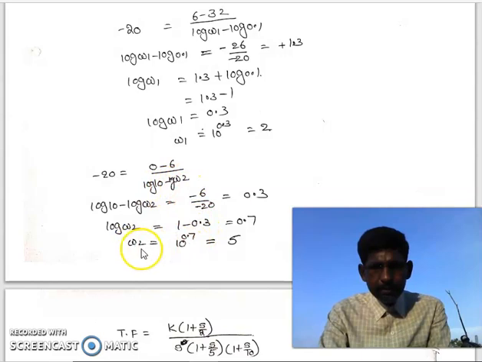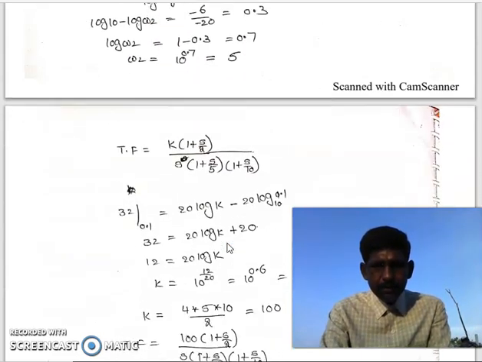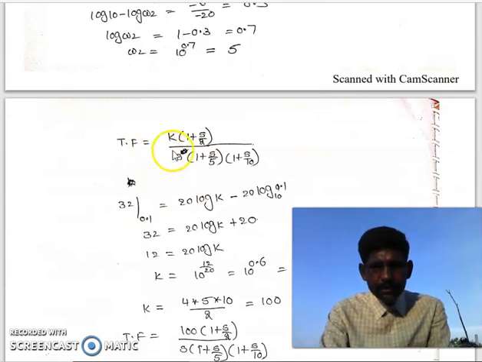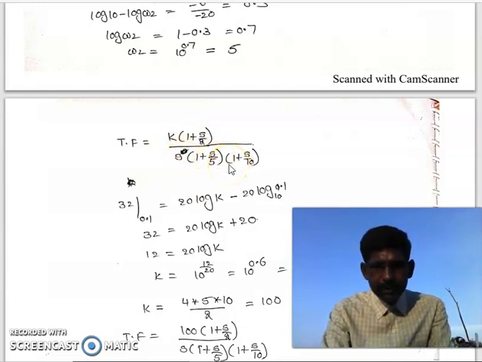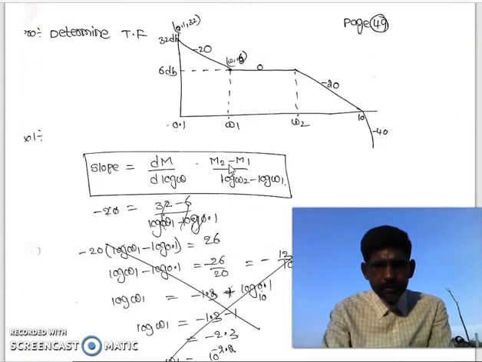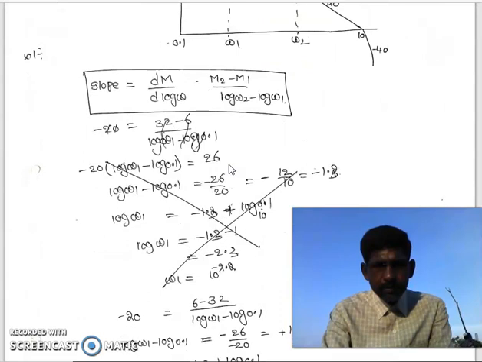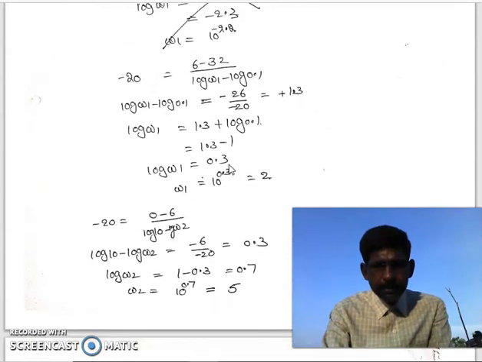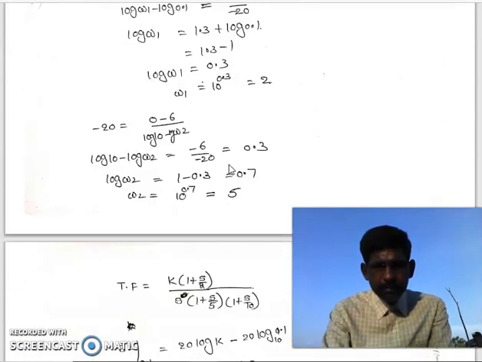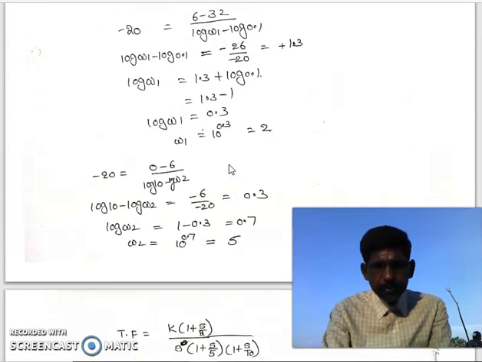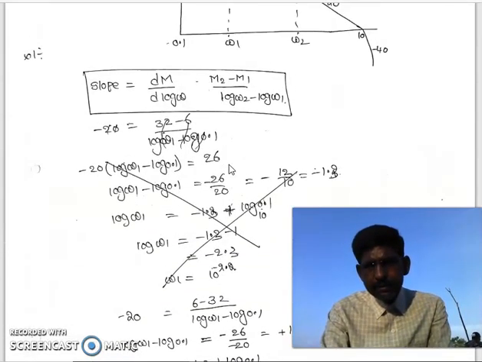If you simplify that, we get omega 2 equal to 5. With this, we can write the transfer function as k into 1 plus s by 2 divided by s into 1 plus s by 5 into 1 plus s by 10. Omega 2 is 5, omega 1 is 2, and the last term is 1 plus s by 10.